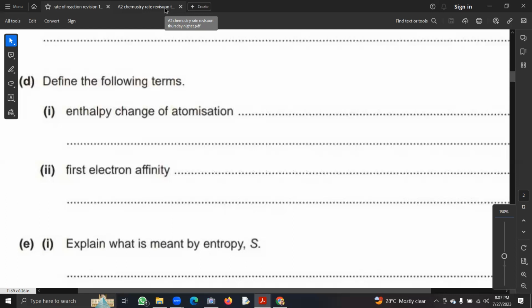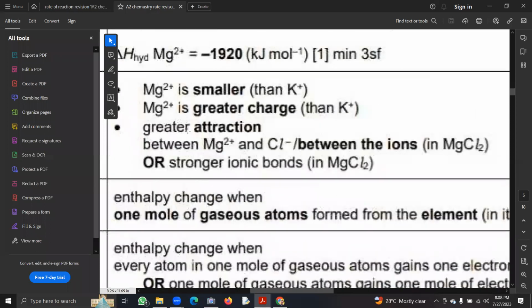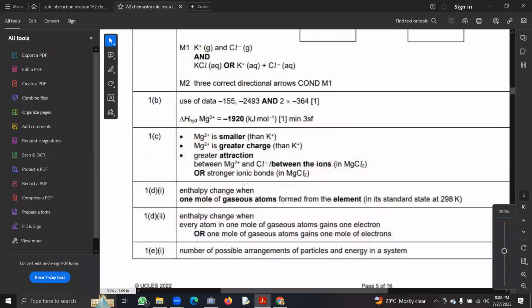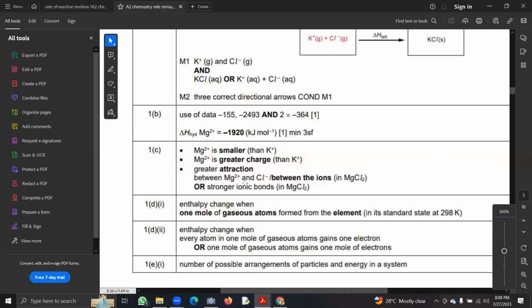Enthalpy change when 1 mole of gaseous atoms forms from the element in its standard state at standard temperature and pressure. So at 298, if you say at 298 also fine. You have to memorize this.